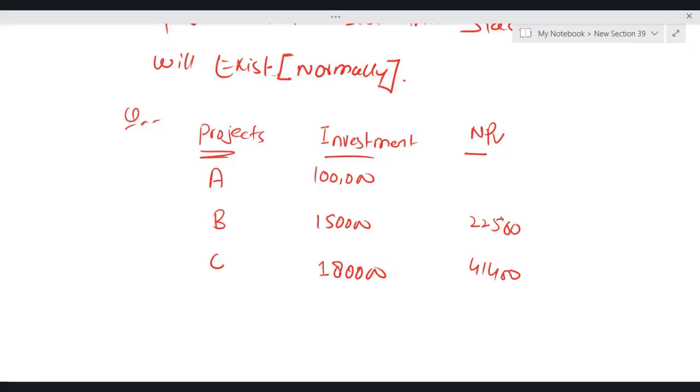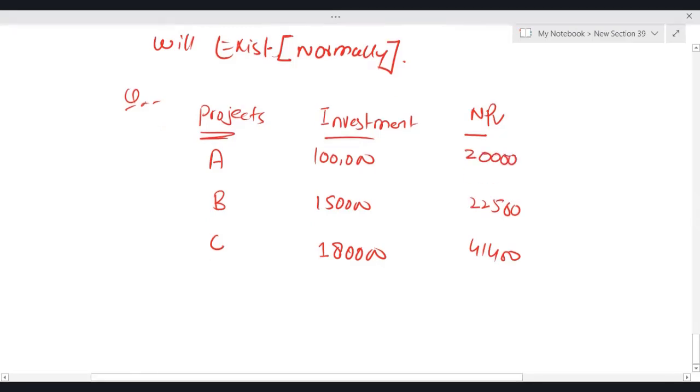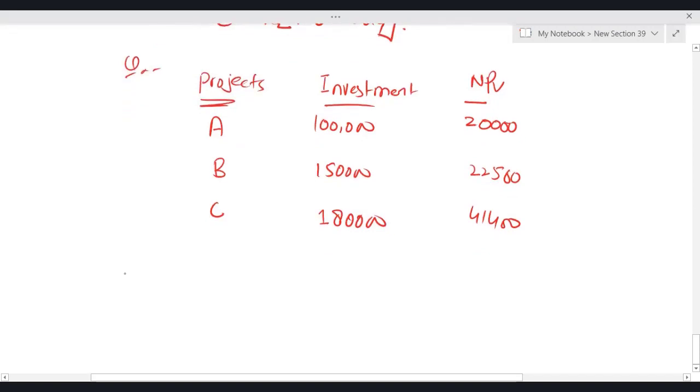Let's say that is 20,000. Available funds, $300,000.